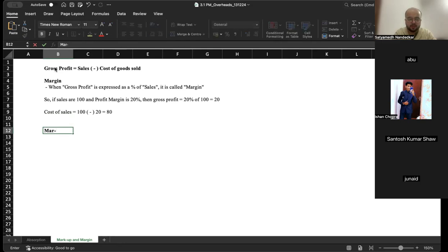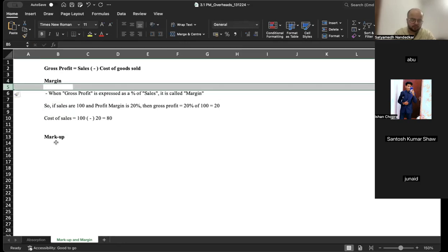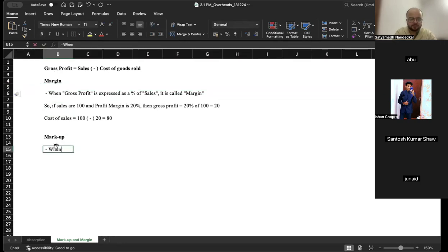What is markup? When gross profit is expressed as a percentage of cost, it is called markup.